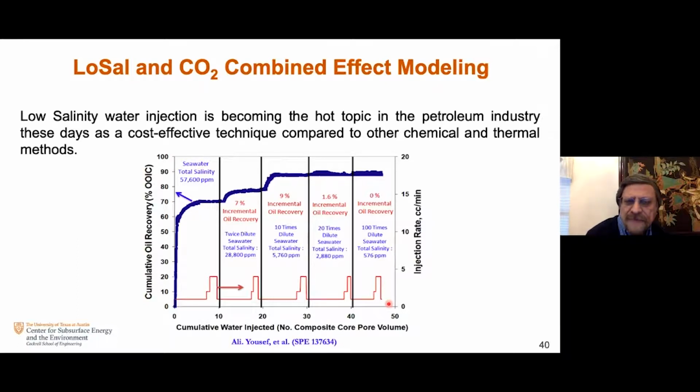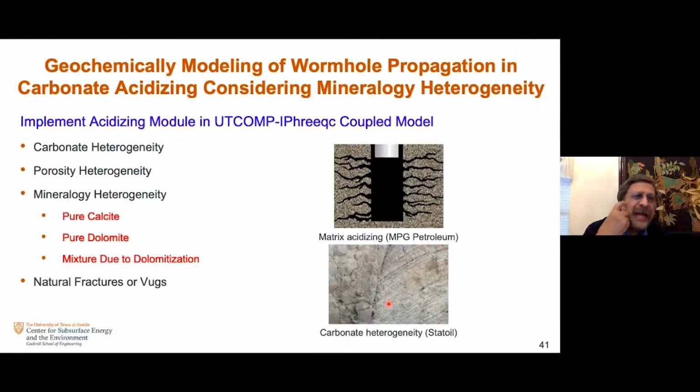But then we need to use the geochemistry engine to do the calculations. Another application that needs geochemistry is acidizing. In this case, I'm showing work we've done with a combination of a modification of UTComp and an acidizing model that shows the movement of acid. In particular, we're talking about carbonate acidizing here.